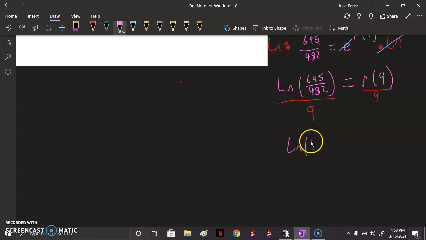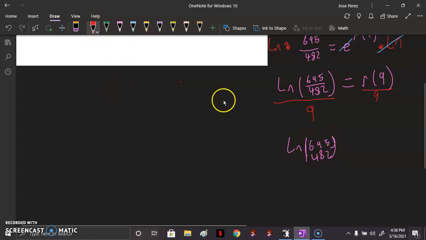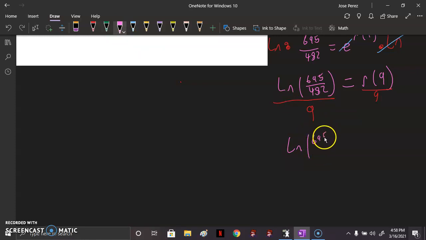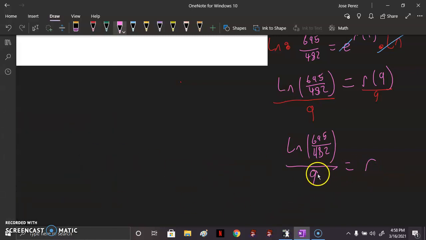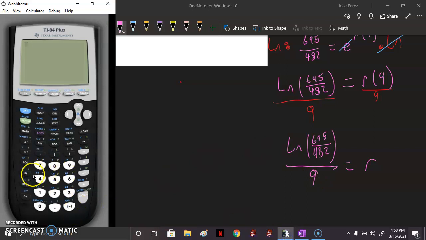So the ln of 695 over 482, divided by 9 altogether equals r. Oh, this looks like a 4, but let me fix that. There we go. And we're going to plug this into our calculator.